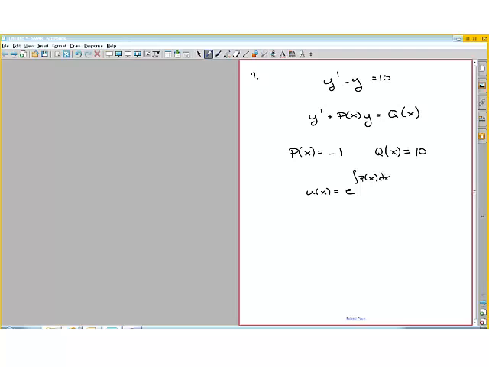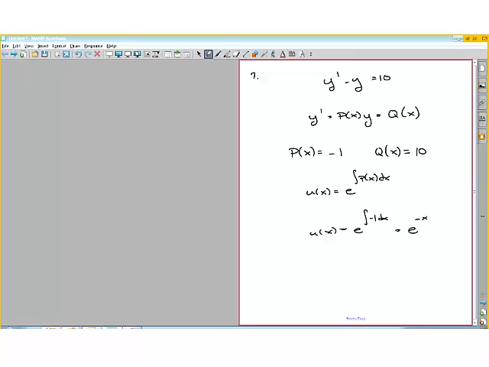So p of x is -1, so we get u of x is equal to e to the integral of -1 dx. So you factor out the -1, integral of dx is x, so we get e to the minus x. So that's u of x.